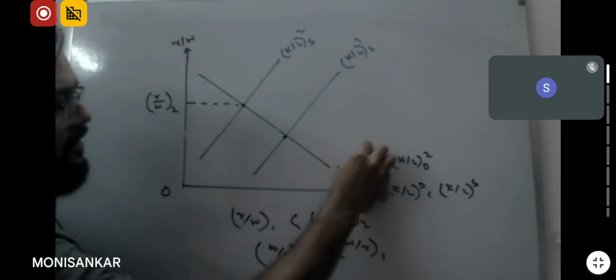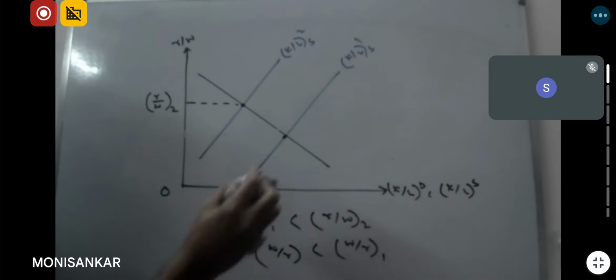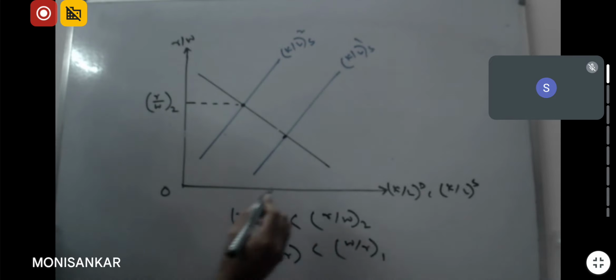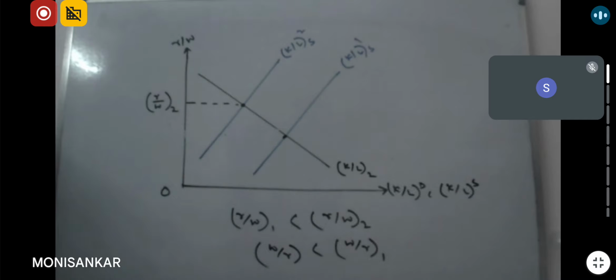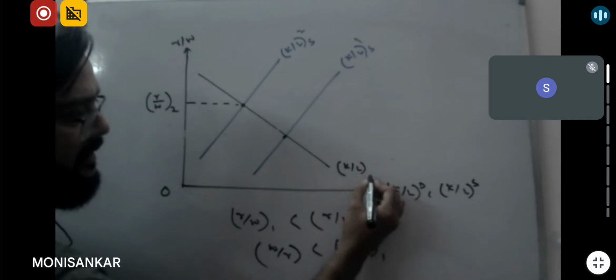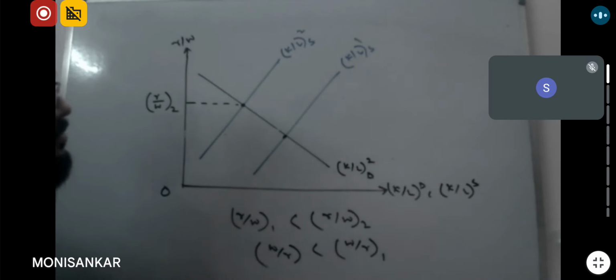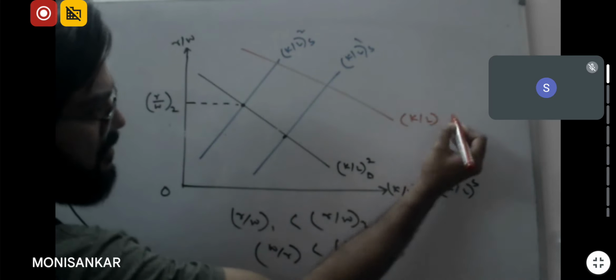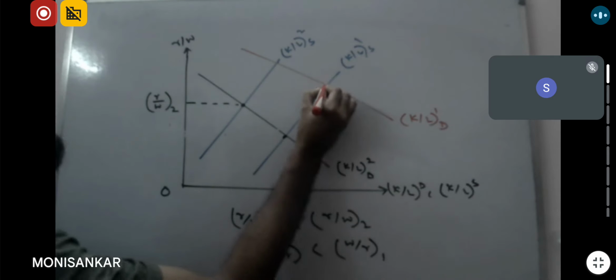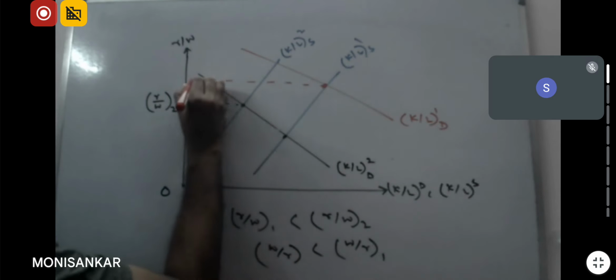This is the K by L relative demand for country 2. But in country 1, this is your relative demand.